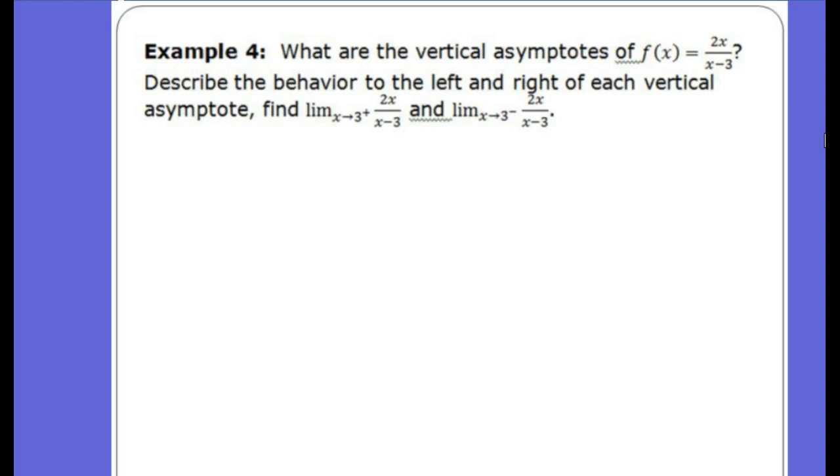So, the question becomes, what are the vertical asymptotes of the function f of x equals 2x over x minus 3? Describe the behavior to the left and to the right of each vertical asymptote, and find what those infinite limits are.